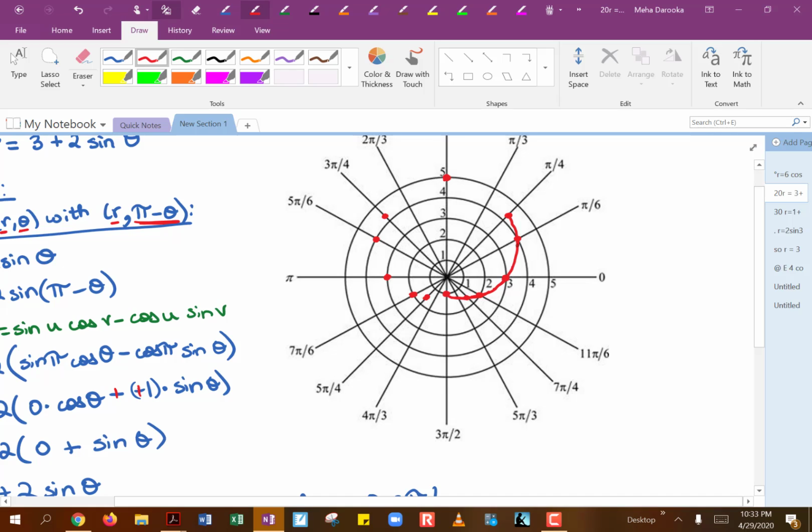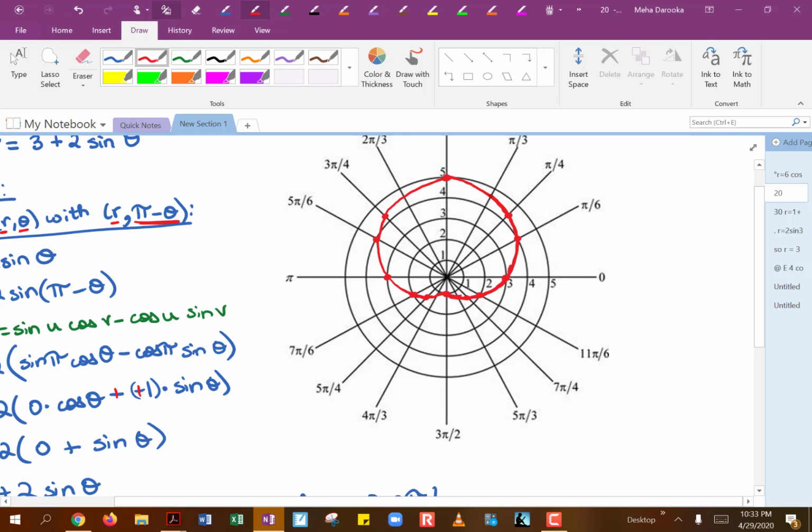And let's see if I can give it a nice, good, decent shape over here. Okay, so there you go, something like this.